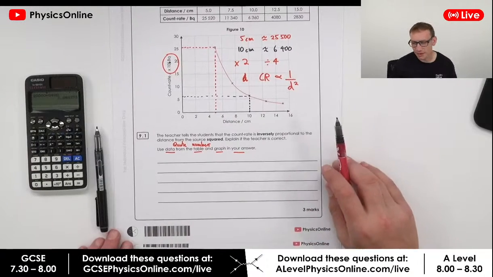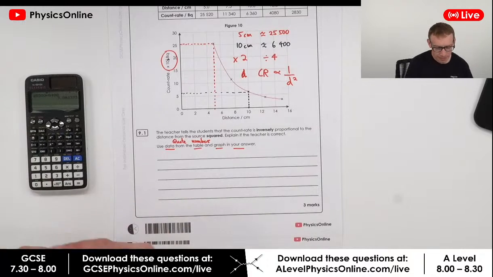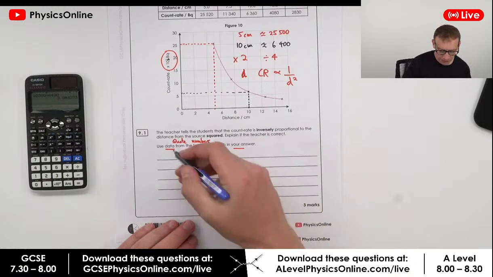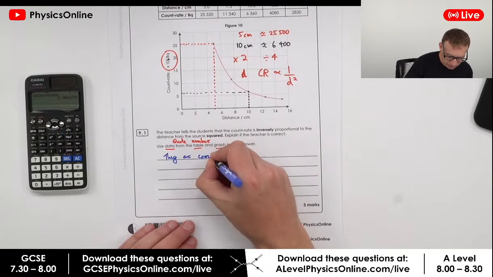Use data from the table and the graph in your answer. So first of all, we could say, explain if the teacher is correct. The first thing I'm going to do is say that the teacher is correct.